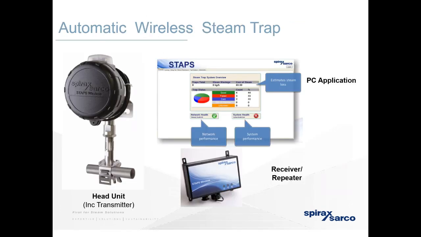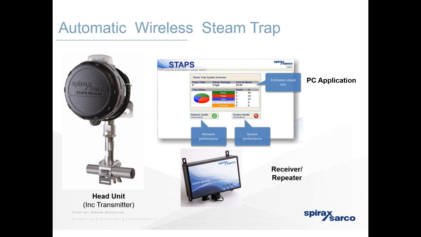So STAPs, other applications are available. Another way we can monitor our steam traps, make sure that they don't fail, we're not losing steam, we're not losing flash, is by putting our STAP system, or an instrument, on your traps. It allows you to monitor those remotely, and tells you the instant you have a failure. As soon as you have a failed trap, particularly if it fails open, you are losing steam.